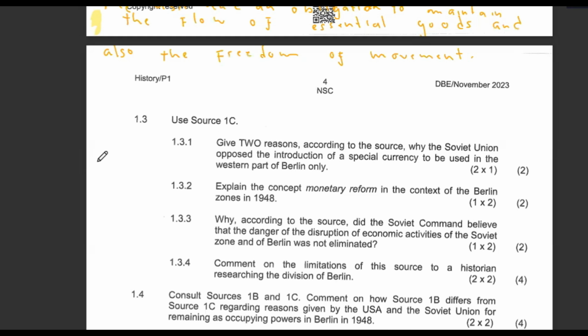You can say that it resulted in inflation. Then the second reason is that it undermined the economy of Berlin.